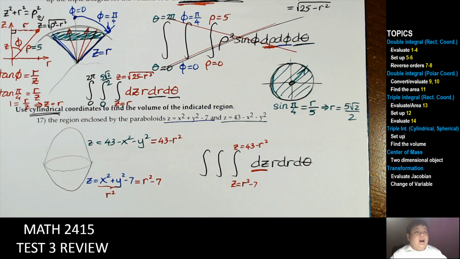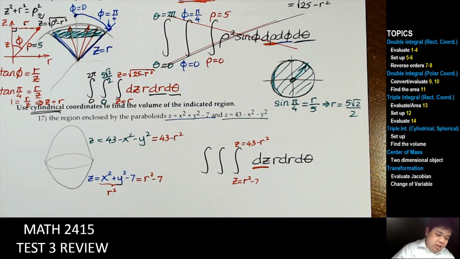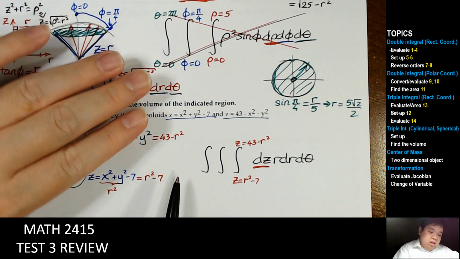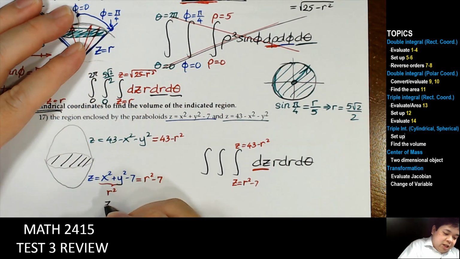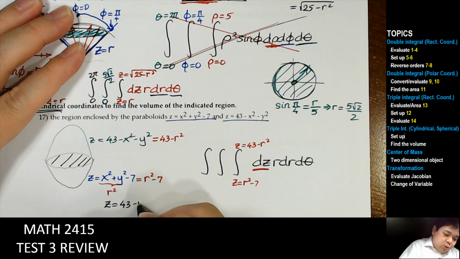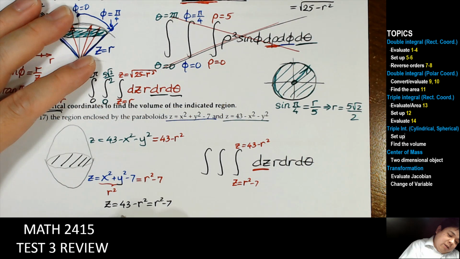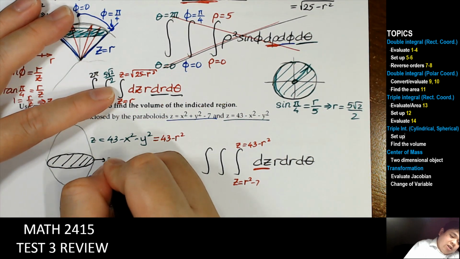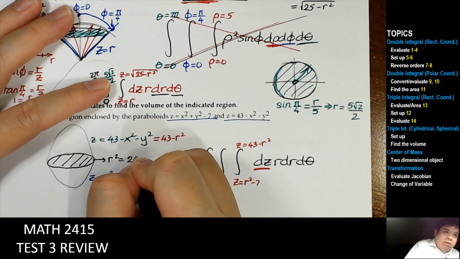That is for z. For r, now when we put those two together, we just consider the cross section. We're talking about this. That is, of course, the intersection of those two. So we let z equal 43 minus r squared equal to r squared minus 7. That gives us 2r squared equals 50, so r squared is equal to 25. So that circle here is the intersection, r squared equal to 25.